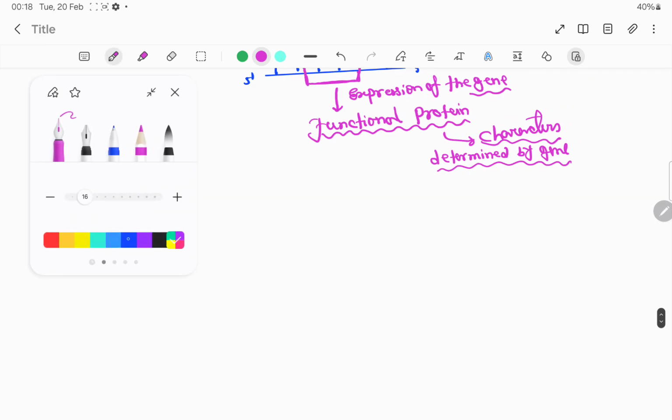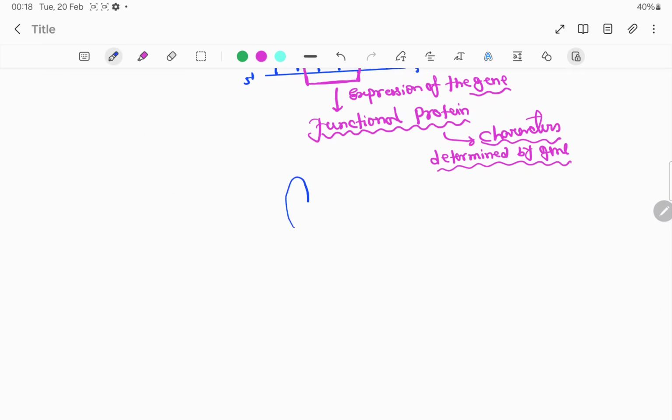So let me draw one chromosome again. Suppose this is the chromosome. Now this chromosome is made up of DNA.